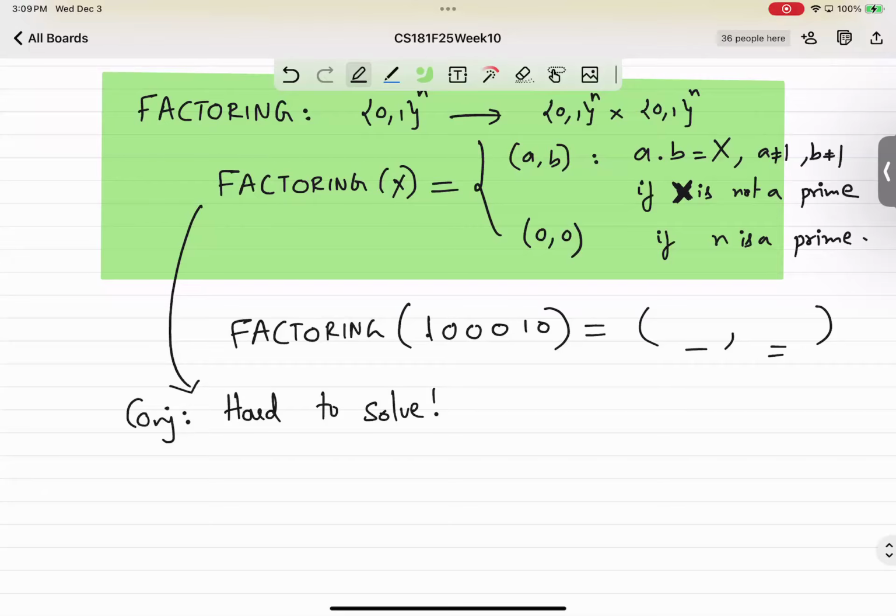The best algorithm runs in time something like 2 to the n to the 1/3 or 1/5, I forget, some exponent. Okay, kind of better than brute force, but still quite bad. So even if n is like 1,000, you're running very, very slowly.